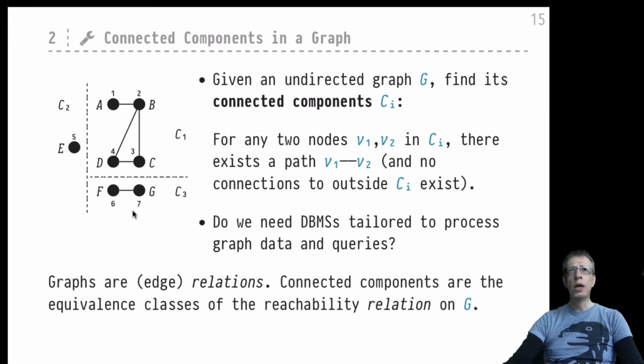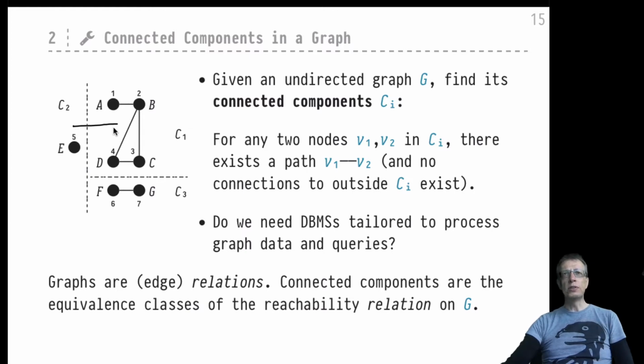So F and G make component C3, and A, B, C, D, they are connected to each other. I can travel from any node in component C1 to any other node, and as such, these nodes are part of component C1, but I would not be able to cross component borders here. Right, so this is what defines a connected component in a graph.